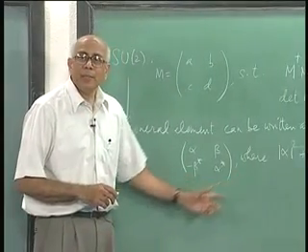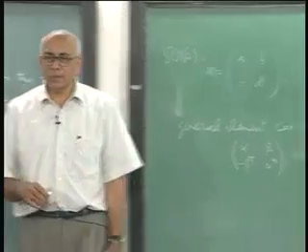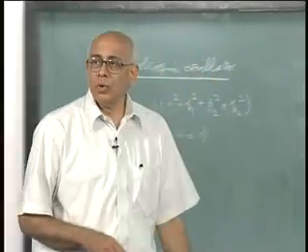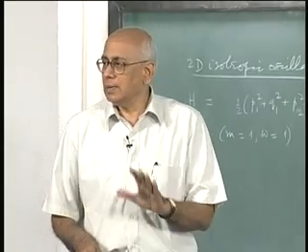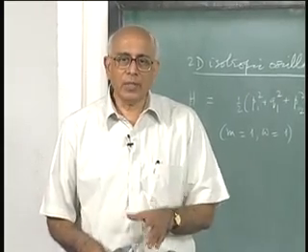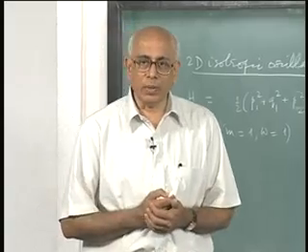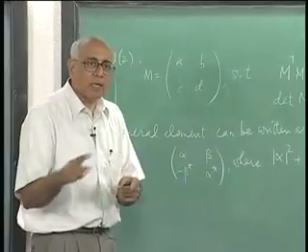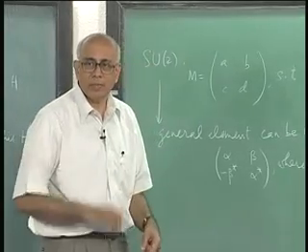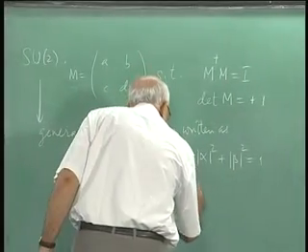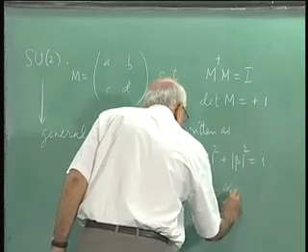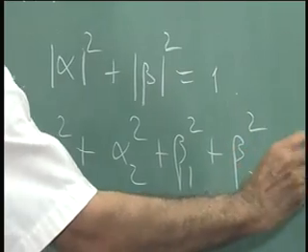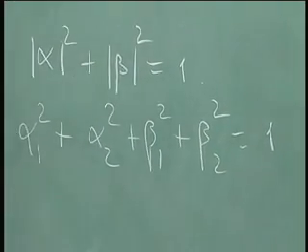Now what sort of parameter space do you have? You can ask, what is the parameter space of this group? The space of this group is all numbers alpha and beta such that mod alpha squared plus mod beta squared is 1, and of course you could also say that if alpha is equal to alpha 1 plus i alpha 2 and beta is beta 1 plus i beta 2, then this can be written as alpha 1 squared plus alpha 2 squared plus beta 1 squared plus beta 2 squared equal to 1.